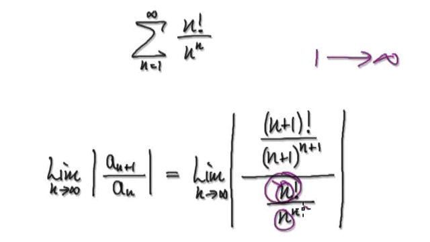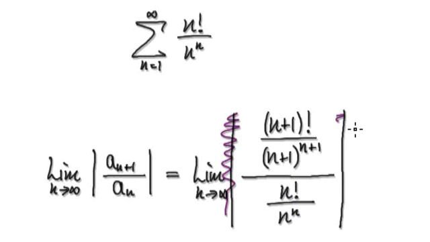N is always positive, and to the power of something positive, it will always be positive. So this absolute value is irrelevant, and we can just discard the absolute value signs.